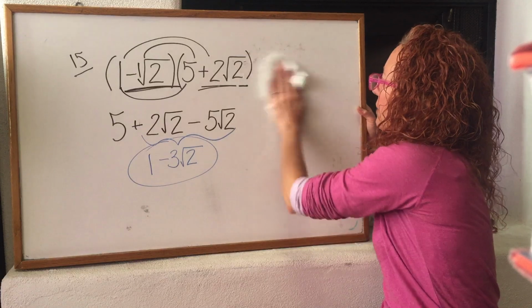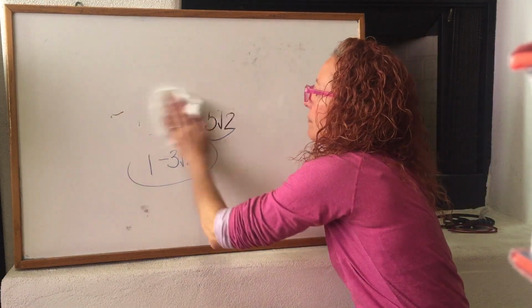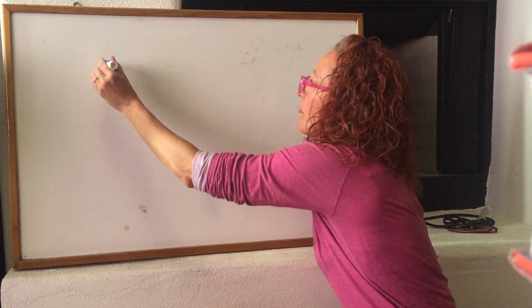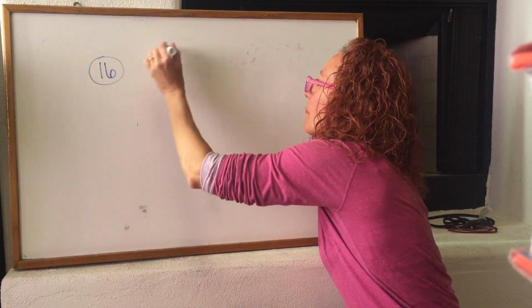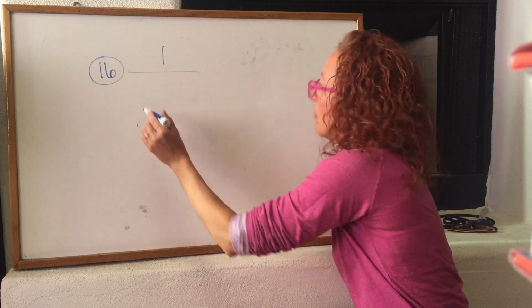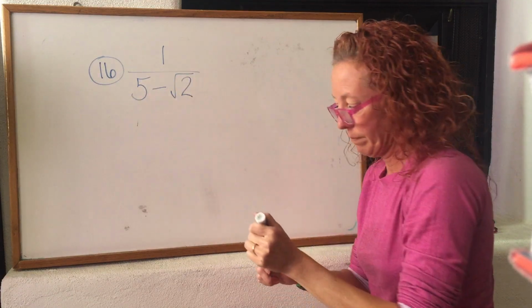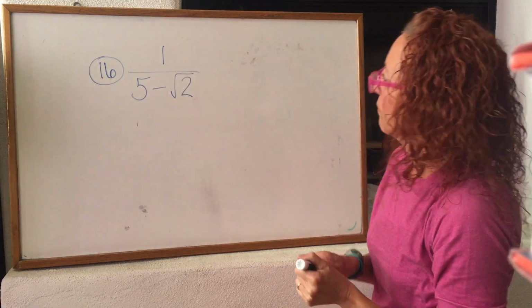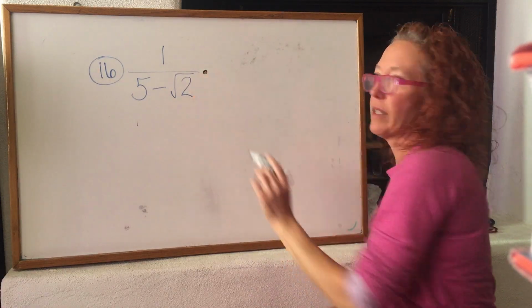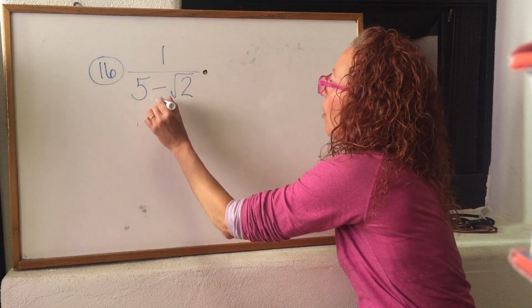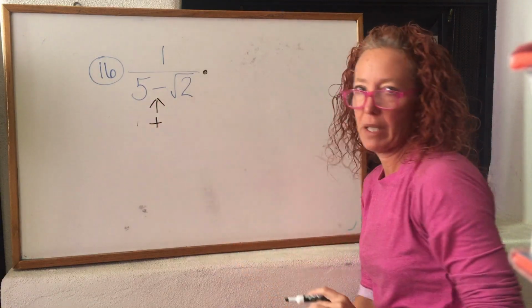On 16, one over 5 minus radical 2. Okay, so this is called the conjugate. All we do is we change that middle sign.